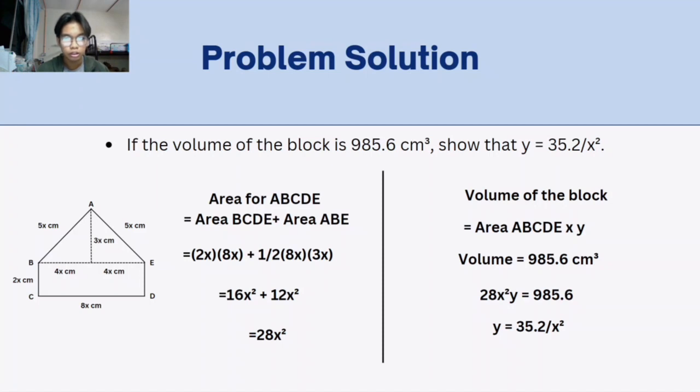This will result in a value of 28x to the power of 2. We'll substitute that into the volume formula, and after that we'll move 28x to the power of 2 to the other side, and this will give us y is equal to 35.2 over x to the power of 2.